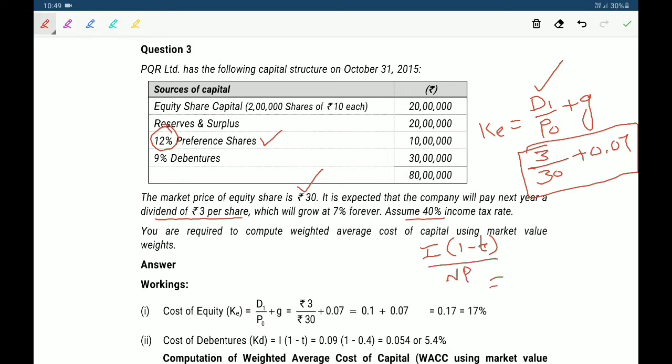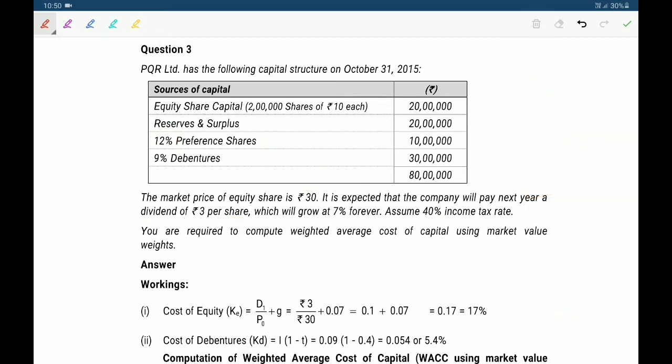What is the interest rate? 9%. That means 9 into 1 minus tax rate, how much? 40%, 0.4. Net proceeds is a normal 100 rupees. So this is 5.4%. The cost of equity is 17%, and debentures 5.4%.